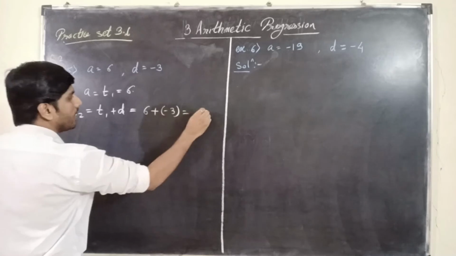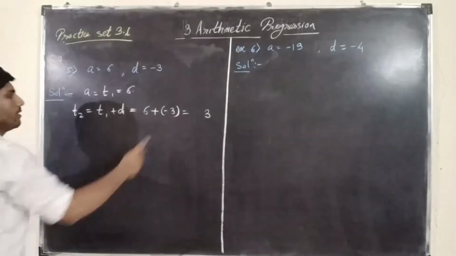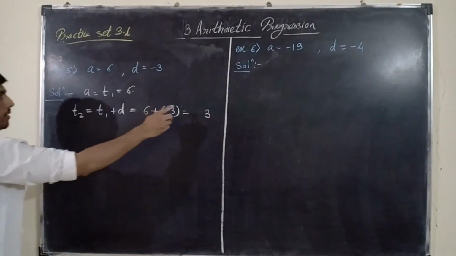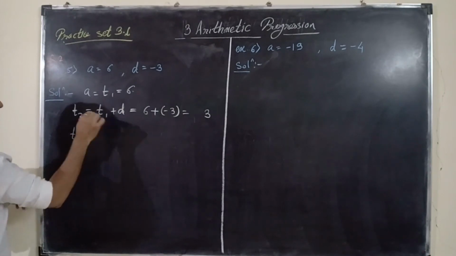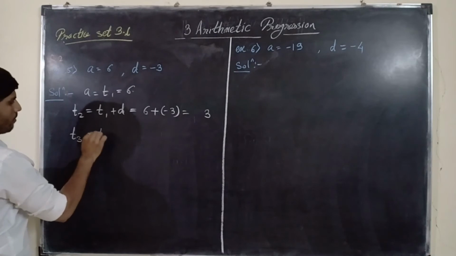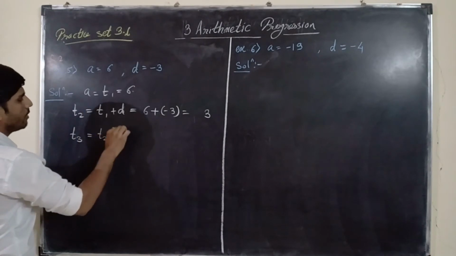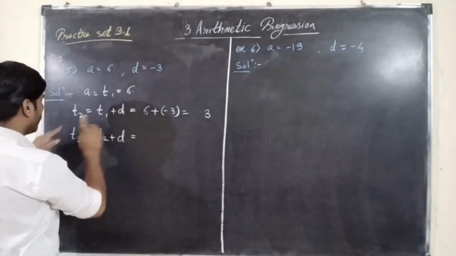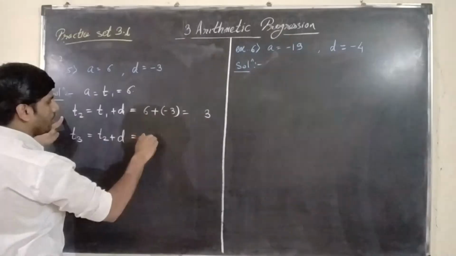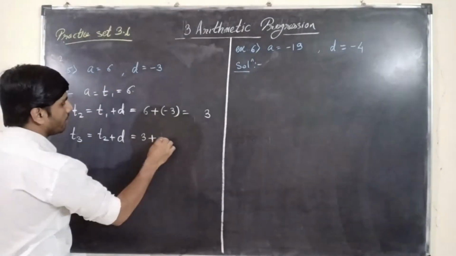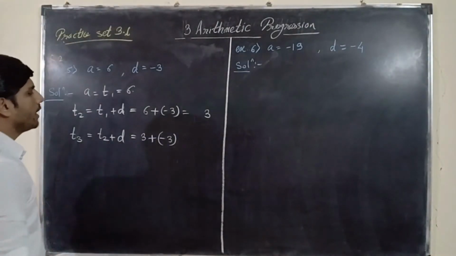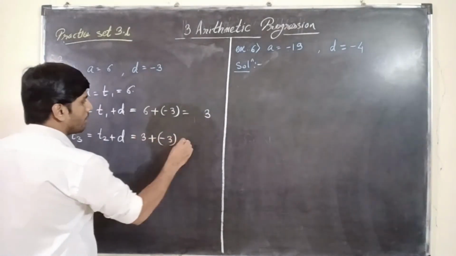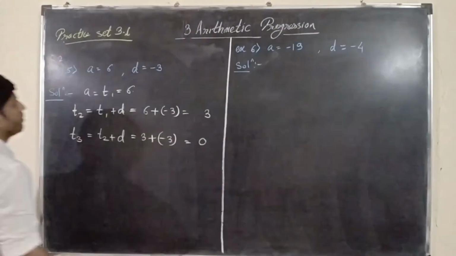Difference in 6 and 3 is 3 and greater number sign, so 3 will remain positive. Now we will find T3 here, and then we will add T2 and D, and we will get T2 is 3 and common difference is negative 3. Now positive into negative will become negative, and 3 minus 3, here we will get 0.